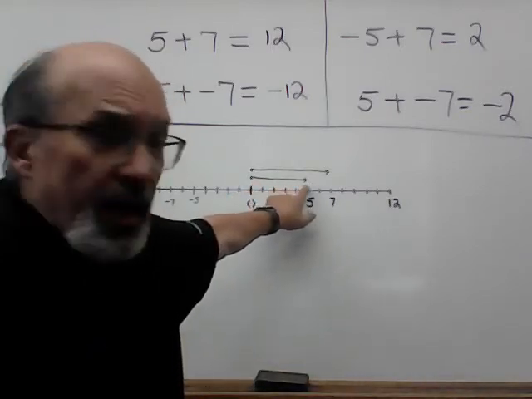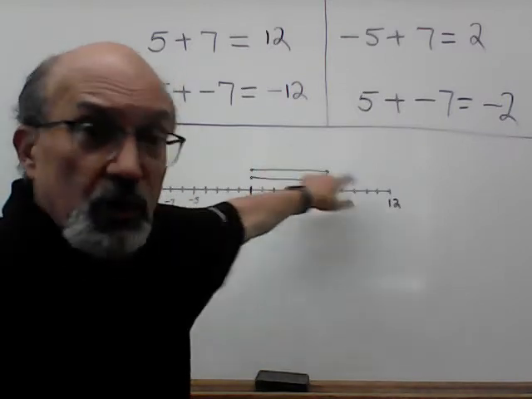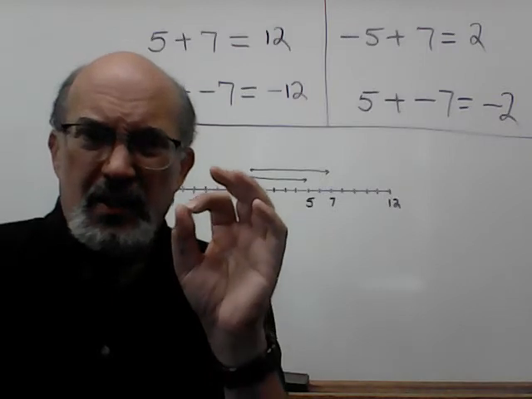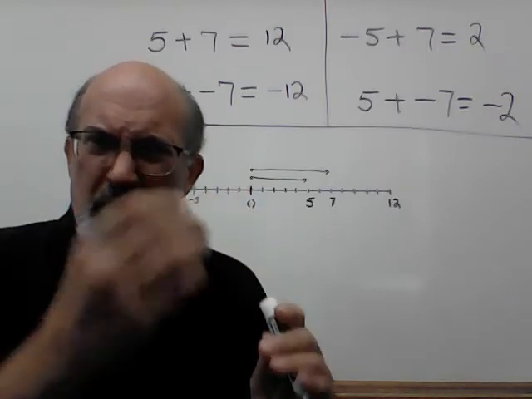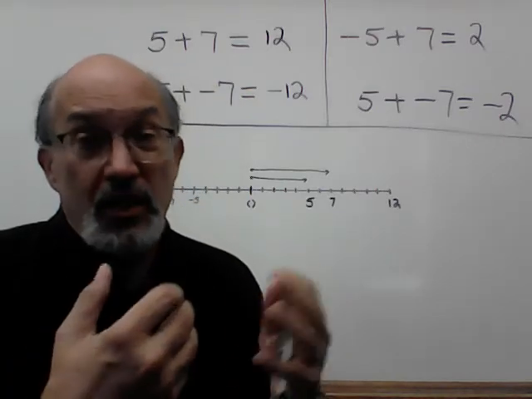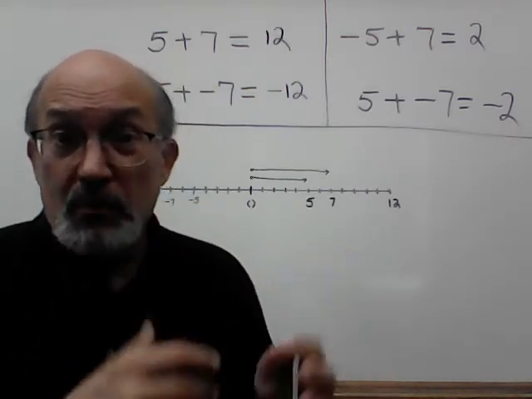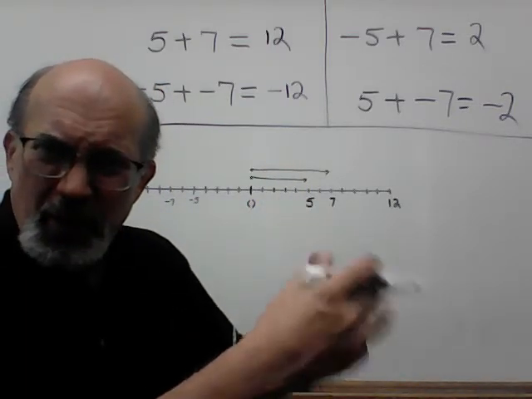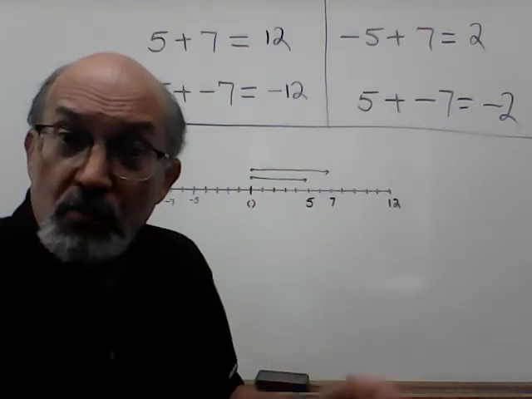From 0 to 5 for the 5, and from 0 to 7 for the 7. We place one of the vectors so that its beginning point is at the end point of the other one, the end point being the arrow and the beginning point is the non-arrow end. And it doesn't matter which order you do this in. This is a great way to see the commutative property of addition.